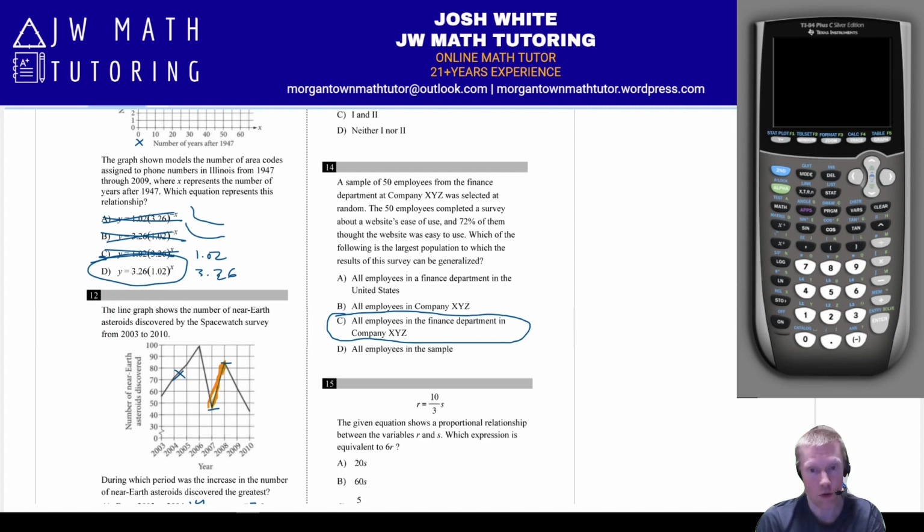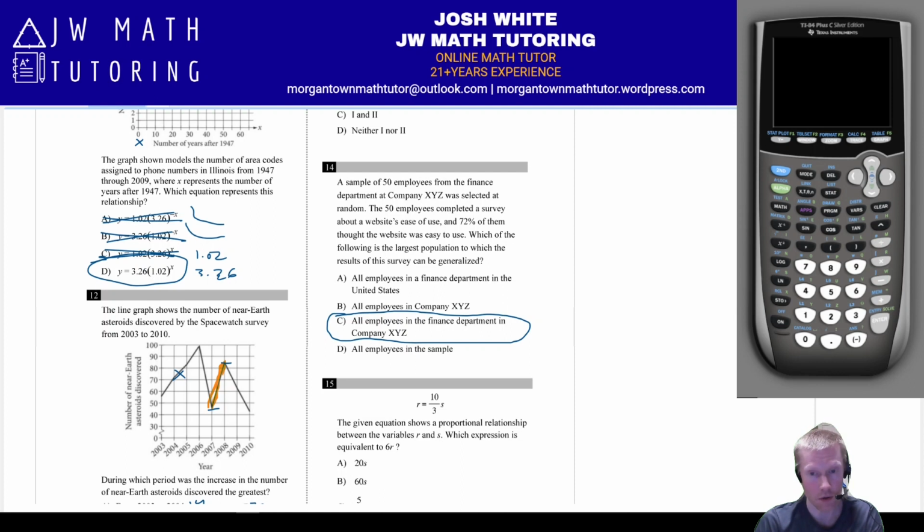So you can only generalize this to the group which that sample is a part of or taken from. So the 50 employees were taken from the finance department. Therefore, you can only generalize it to the overall finance department in total.